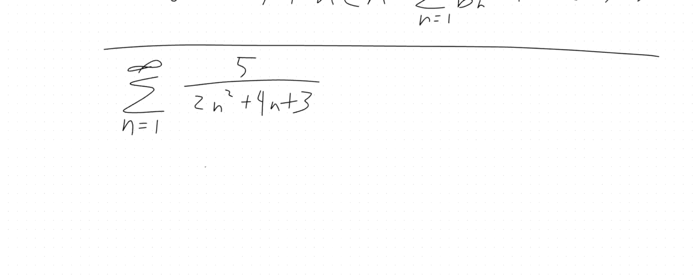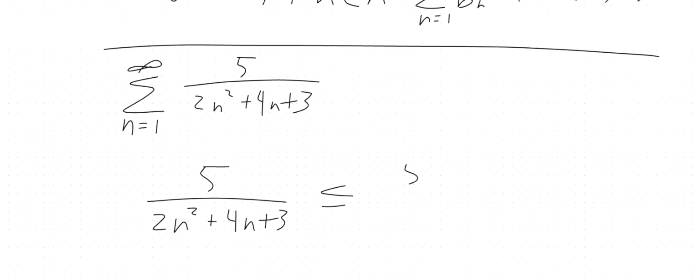Now it's important that whenever we do this comparison that we drop our summation. We don't want to have the summation because we're talking about the terms here first, then we can talk about our series altogether. Now this would be less than or equal to 5 over 2n squared because we're adding some stuff here on the bottom.